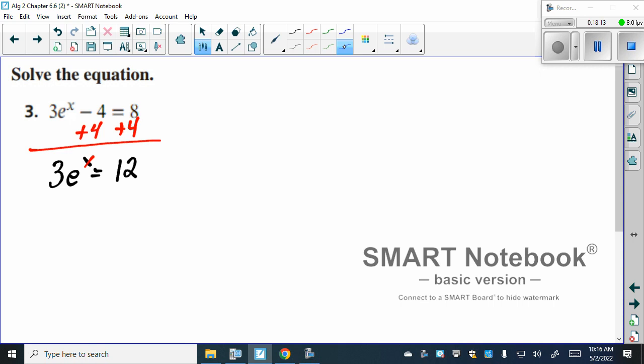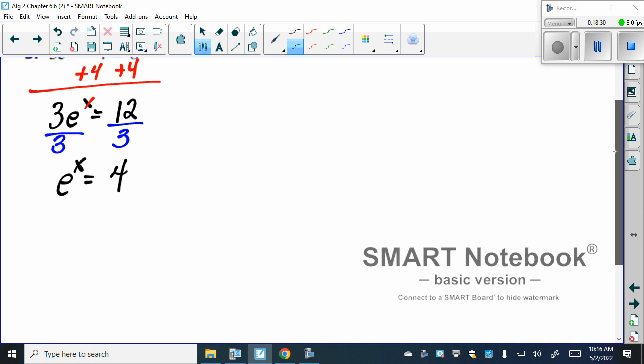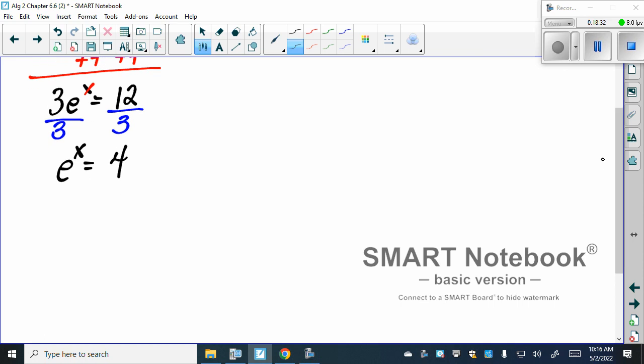What would we do next? Divide by 3 to get e by itself, which will tell us that e to the x equals 4. What would we do next? We apply ln to both sides. Ln of e to the x equals ln of 4.